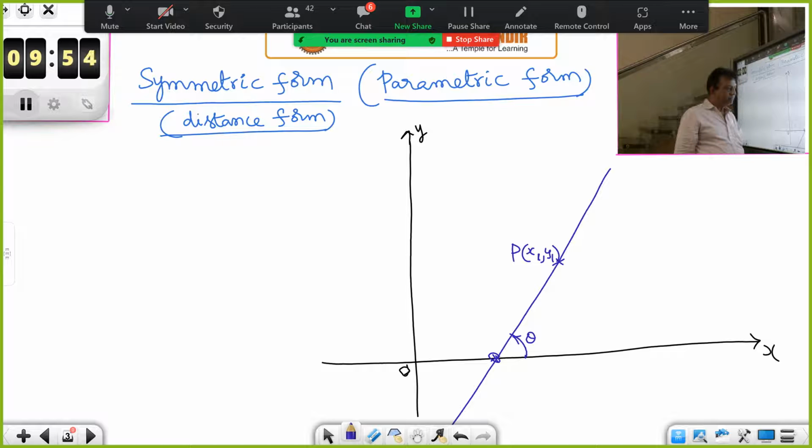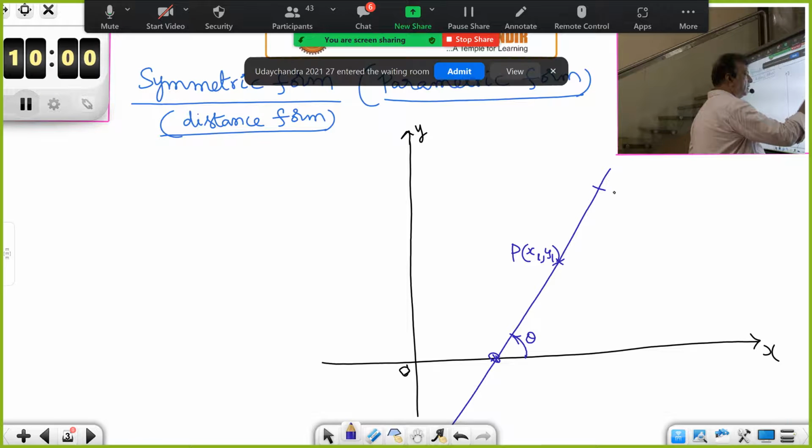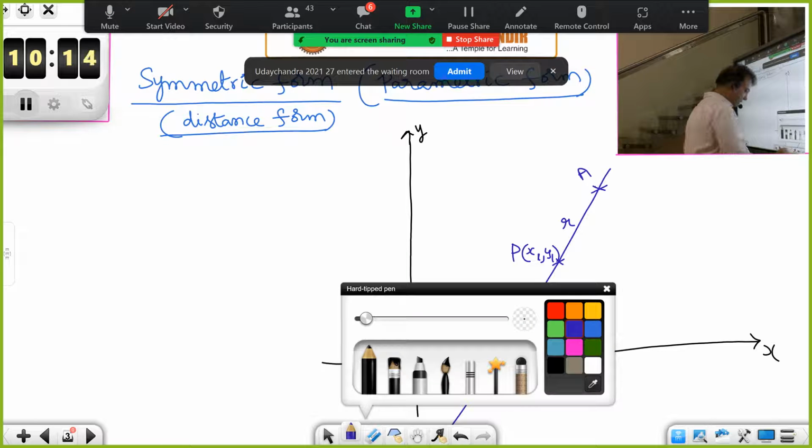Now, what are the coordinates of a point A, which is at a distance r units from P on the line? That is the question. Understood?